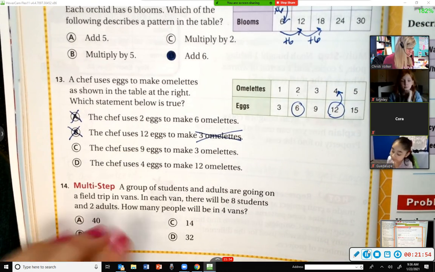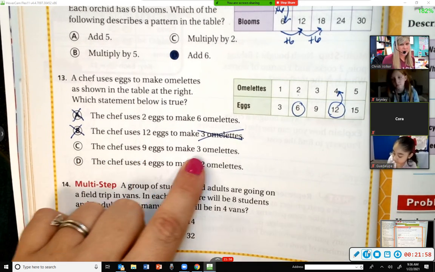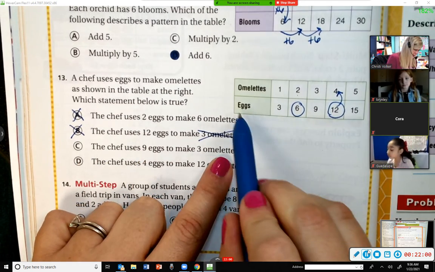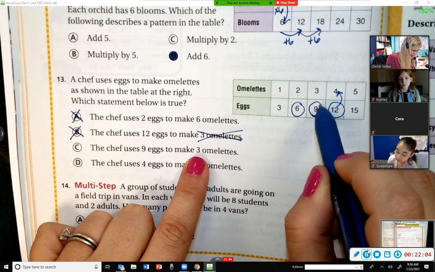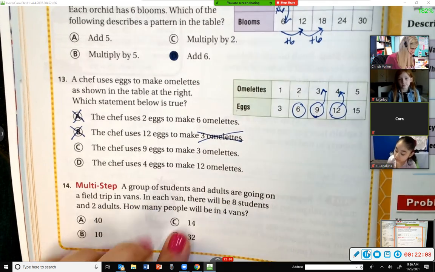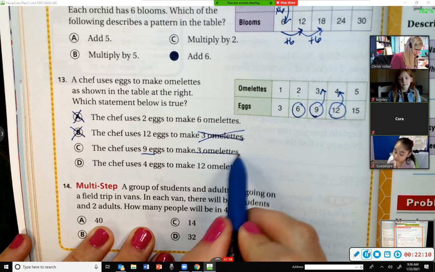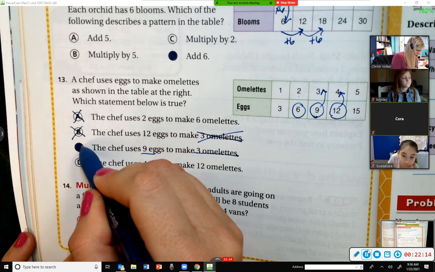Okay. C. The chef uses 9 eggs to make 3 omelets. So I go to eggs. I see there's 9 and 3. So is that true? Yes. Good. 9 eggs, 3 omelets. That is correct. C.